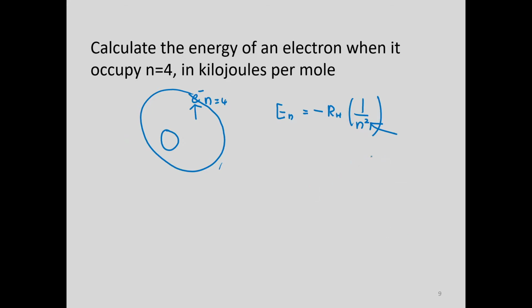But now 4 squared dah beza dengan 1 squared. So energy untuk 4 is equivalent to Rydberg constant, which is negative 2.18 times 10 to the power negative 18 joules. Okay, darab dengan 1 over 4 squared.